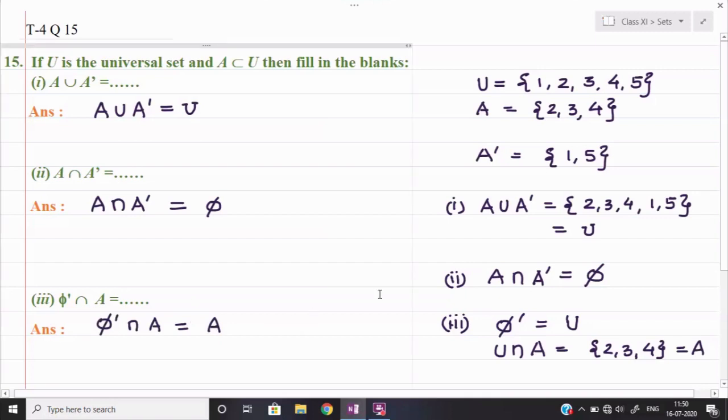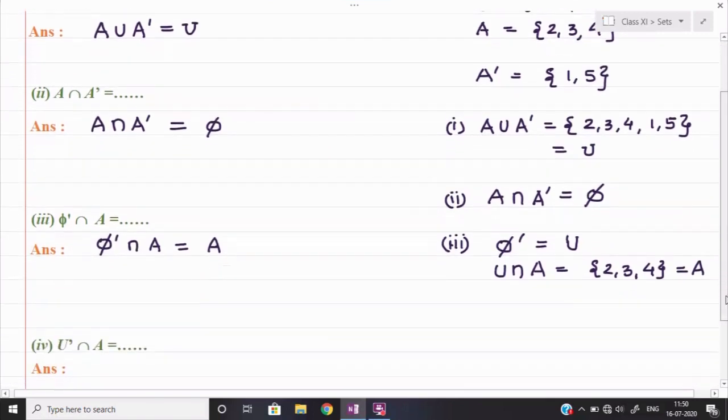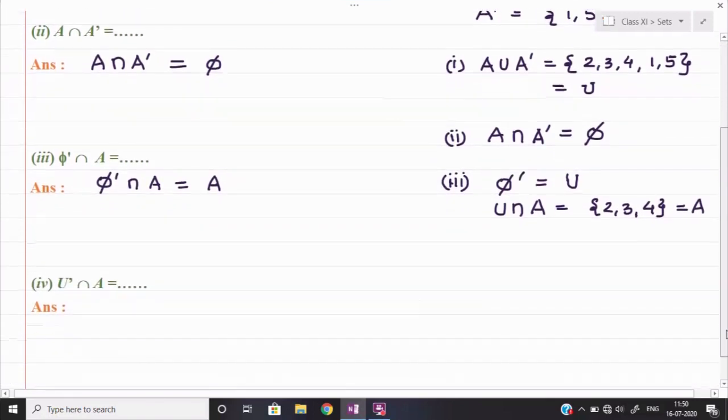Now similarly, let us see some more parts given to us. One is U dash intersection A. Now we shall talk about U dash. Remember, as we have told, phi dash is equal to U, then U dash will be equal to phi. How is it possible? In U, which elements are there? 1, 2, 3, 4, 5.